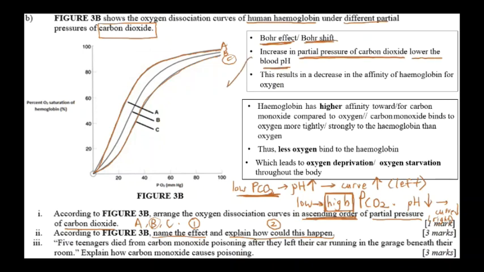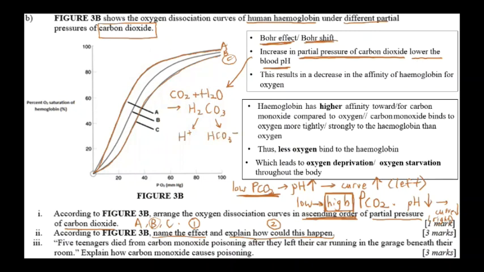How can this happen? You learn about the transport of carbon dioxide. We know that carbon dioxide can combine with water in red blood cell to form carbonic acid, H2CO3. And this carbonic acid will dissociate into H+ and HCO3-.